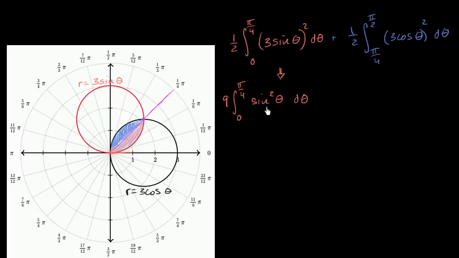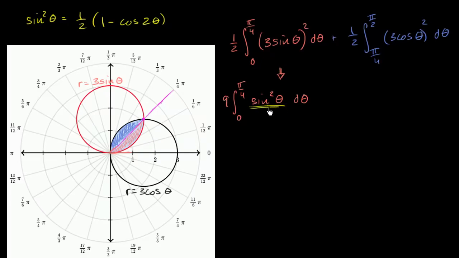Sine squared theta is the same thing as 1/2 times 1 minus cosine of 2 theta. That's a trigonometric identity that we've seen a lot in trigonometry class. So sine squared theta is equal to 1/2 times 1 minus cosine of 2 theta.